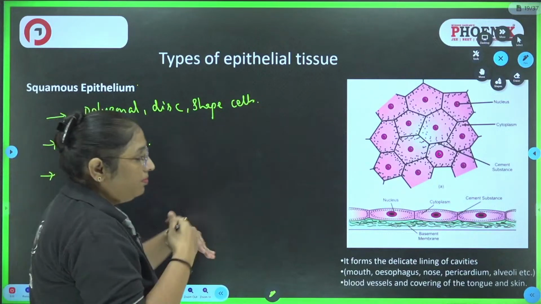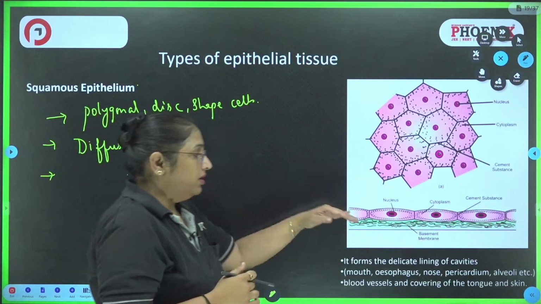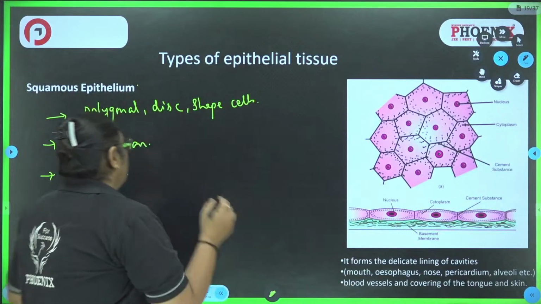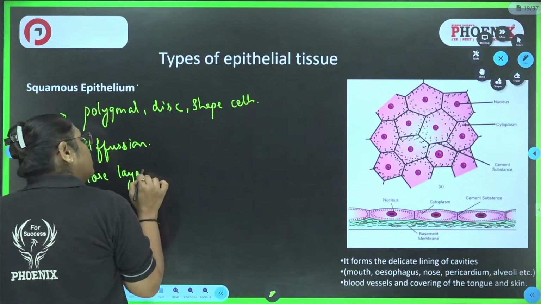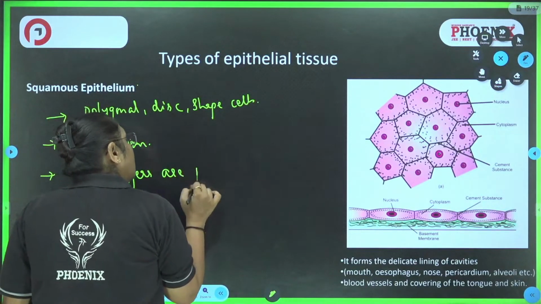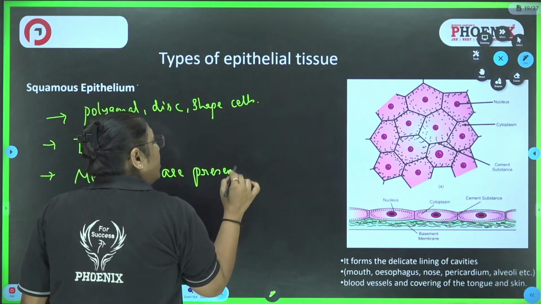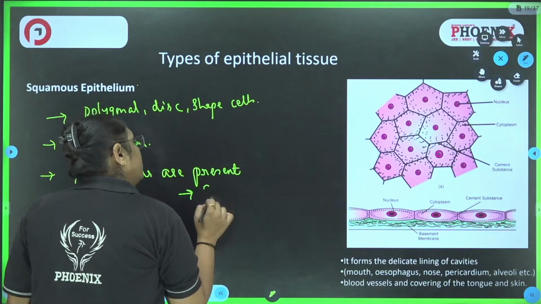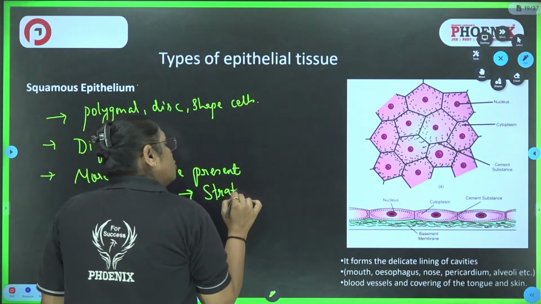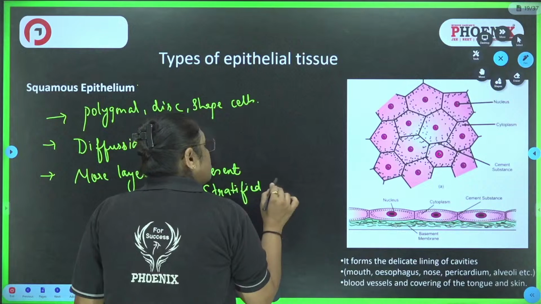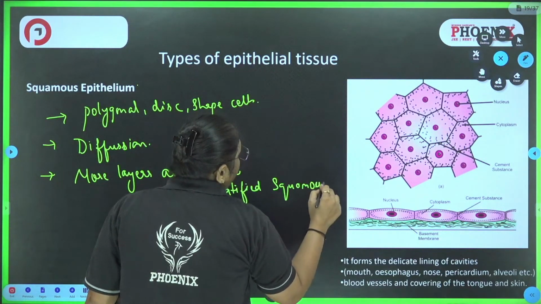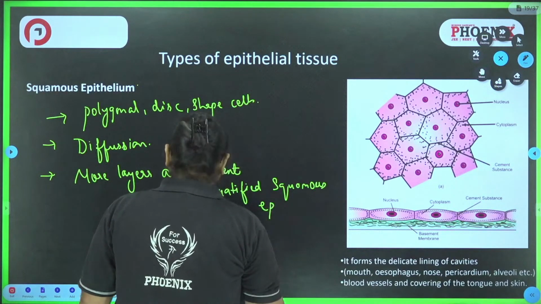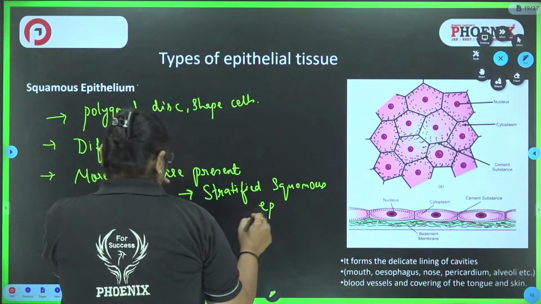When there are different layers present, more layers present one above another, it is termed as stratified squamous epithelium.